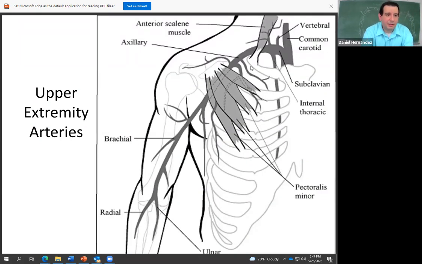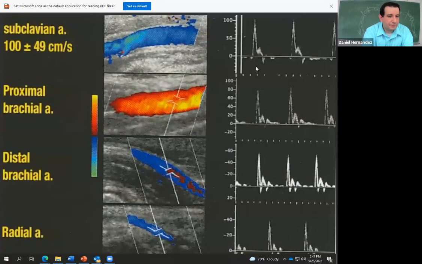It's more just anatomical diagrams showing your arteries. So this is good.